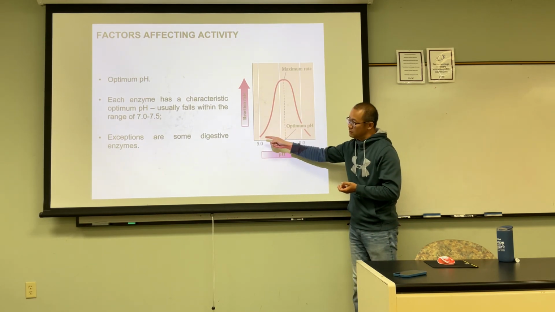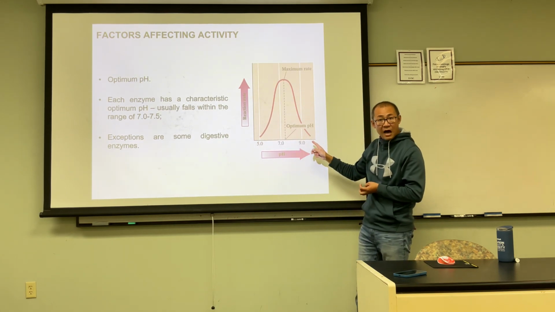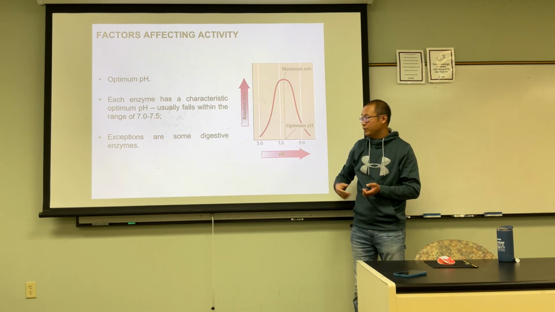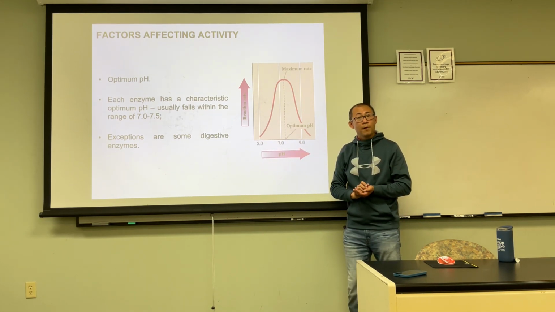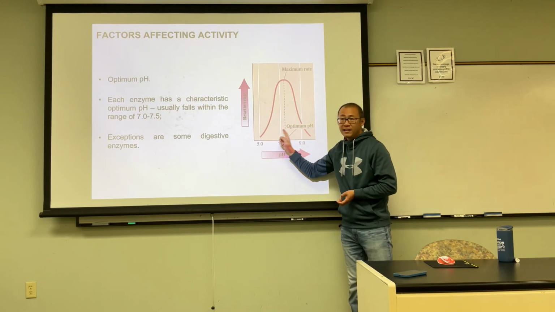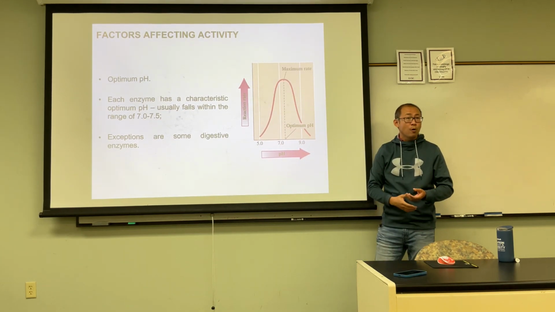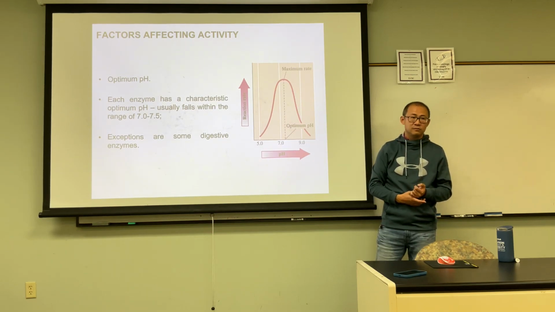When you have an extremely low pH or extremely high pH, what do you see here? The enzymes will both become denatured, because strong acids and strong bases are both factors that will cause a protein to denature.